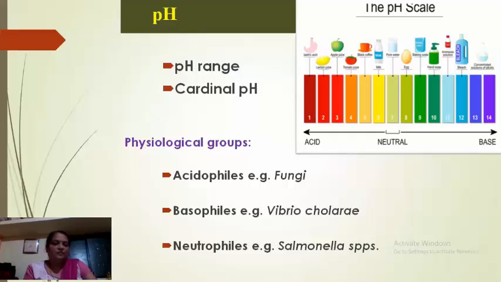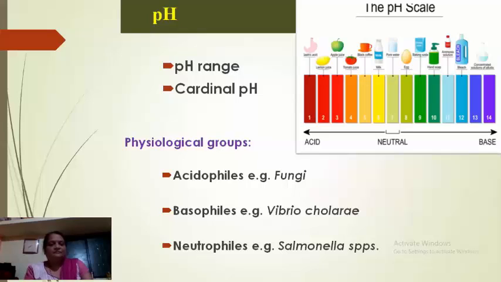If the pH is below minimum, that particular organism will not grow. If the pH is above maximum, the organism will not grow. And if the pH is optimum, the organism will grow at maximum rate. There are different physiological groups of organisms depending upon their pH requirement and pH favorability.